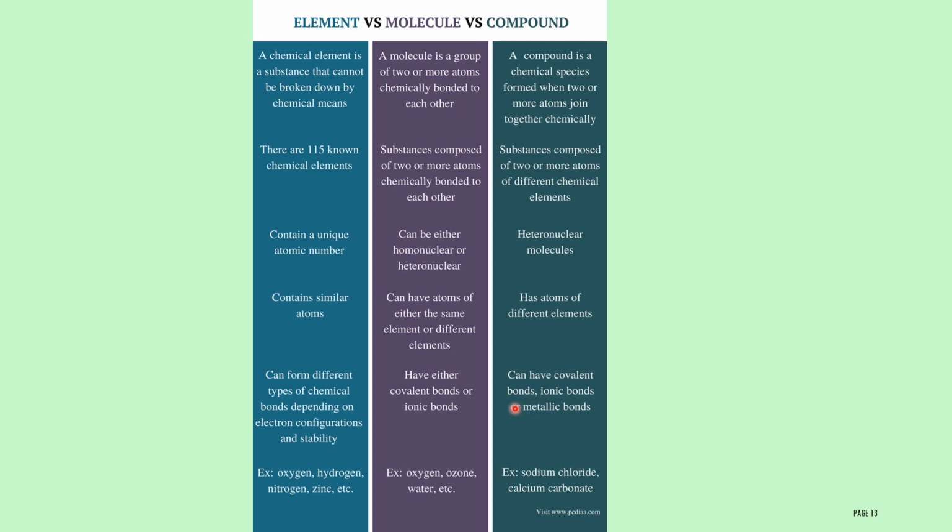All three types of bonds you can observe in a compound. Examples of an element are oxygen, hydrogen, nitrogen, zinc, etc. Examples of a molecule are oxygen, ozone, water, etc. Examples of a compound are sodium chloride, calcium carbonate.